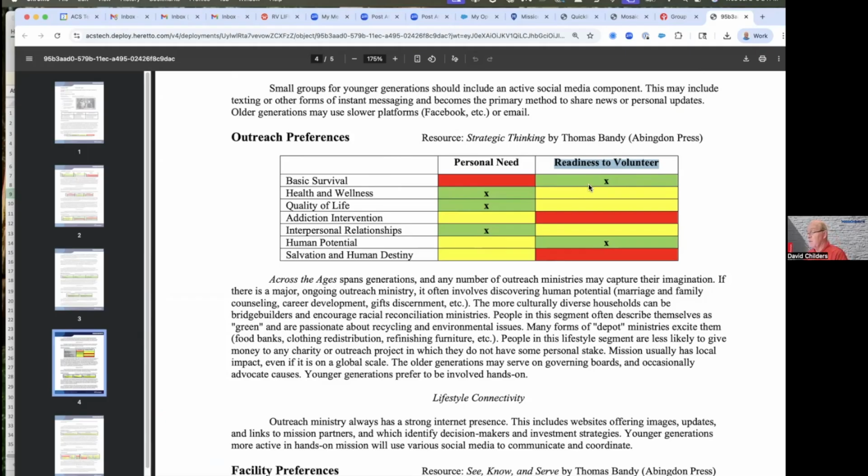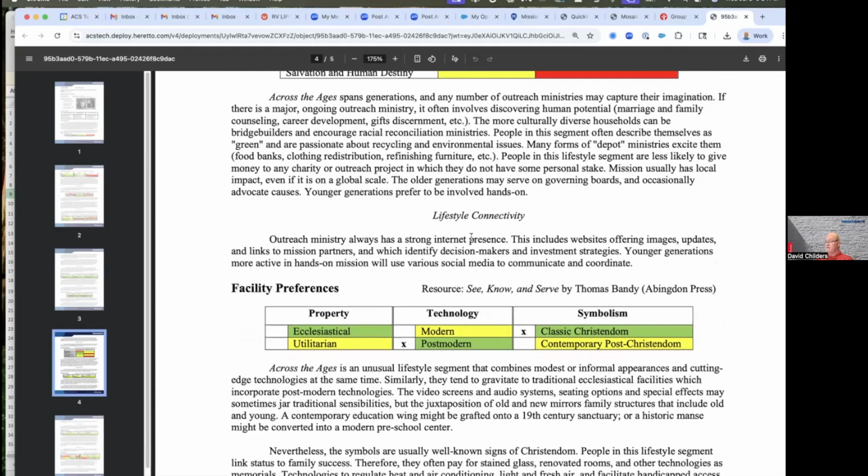If we've got a Red Cross bloodmobile coming into town, that's something this group would absolutely jump at. What about human potential? I might do something like a Financial Peace University kind of event for BO7s.